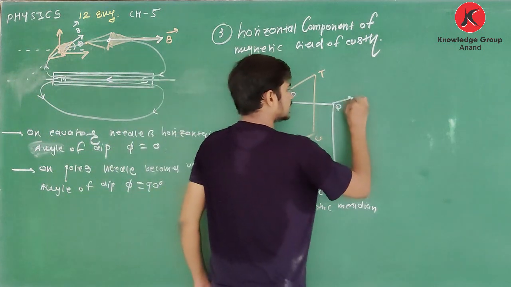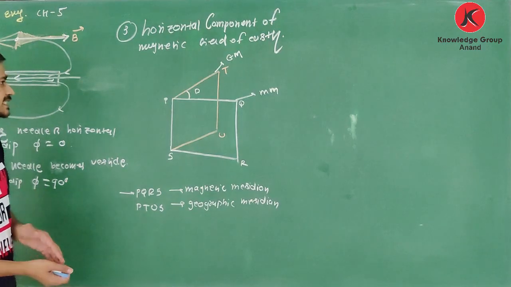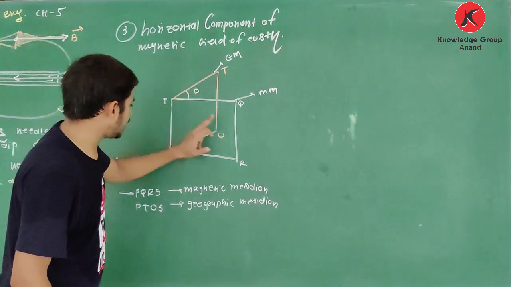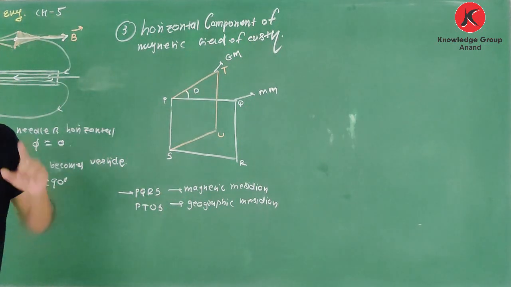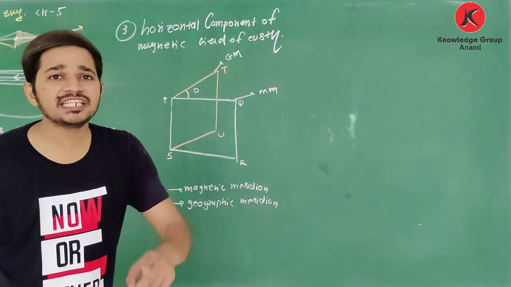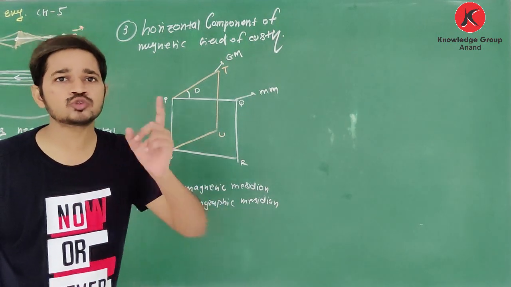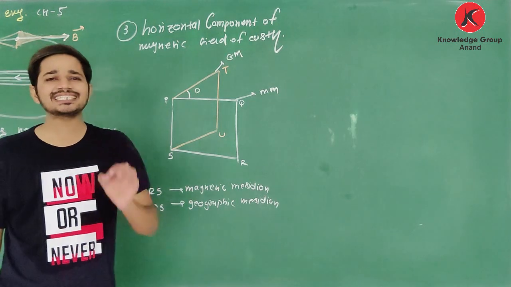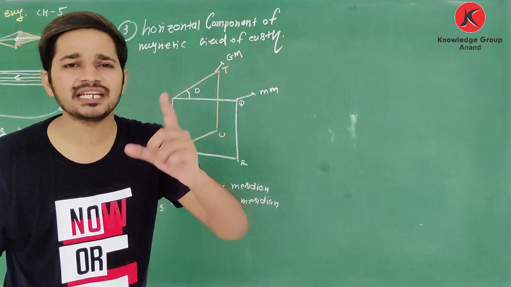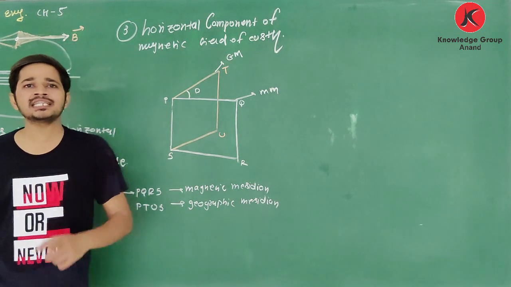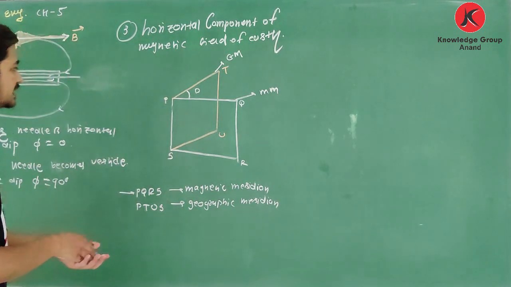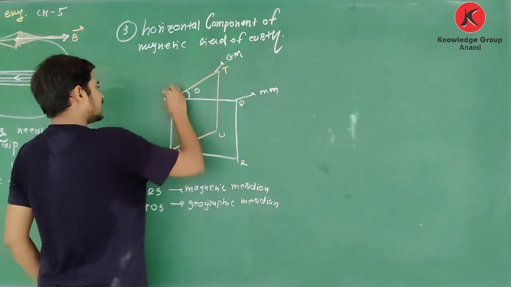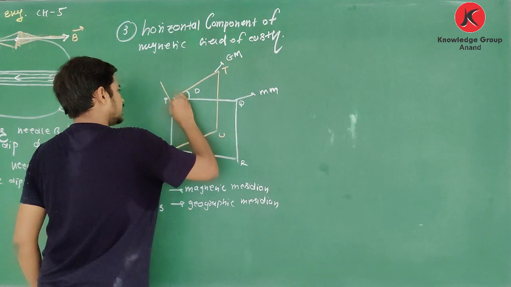This PQRS is the magnetic meridian, PTUS is the geographic meridian. A magnetic needle free to rotate in the horizontal plane, which is suspended, always aligns in the magnetic meridian. So yes, if I have one needle, then that needle will align like this.